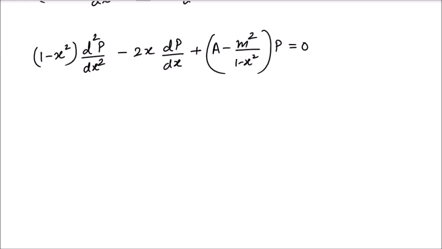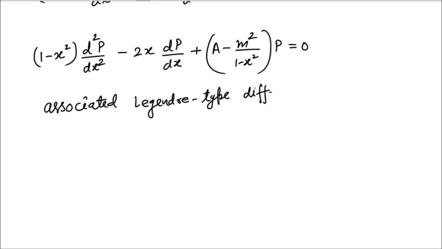Actually, this type of equation is called the associated Legendre type differential equation. Okay. This equation is also solved by us. You know, this equation we have solved, and the solution was, yes, can you tell me?